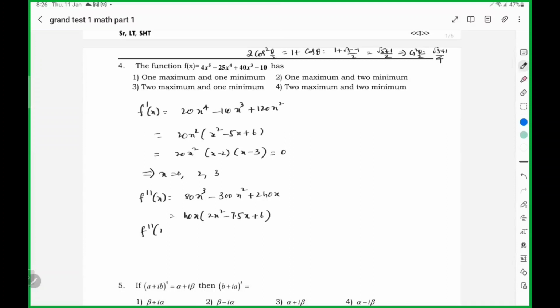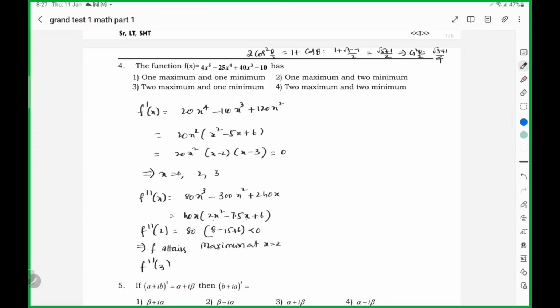So f double dash 2, if you take, is 8 minus 15 plus, so negative. Which implies f attains a maximum.